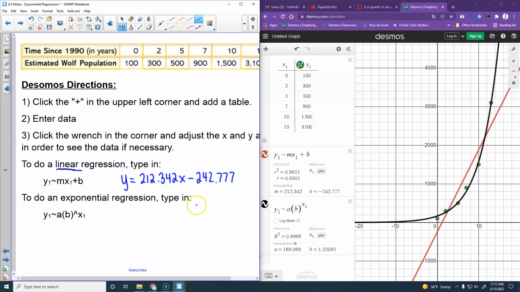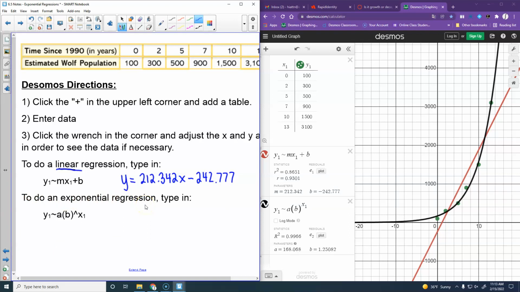So you're just taking those values that you get for m and b, and you're plugging them into m and b in the formula. So if you are asked for a linear regression, a line of best fit, a linear model, any of those things, you're writing the equation is what it's asking for there.